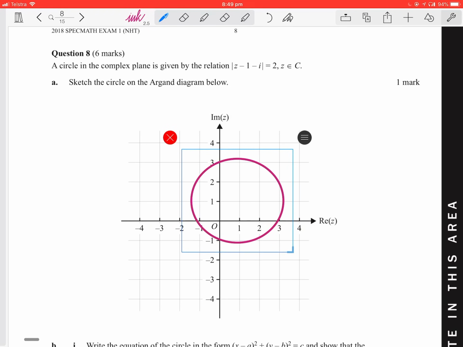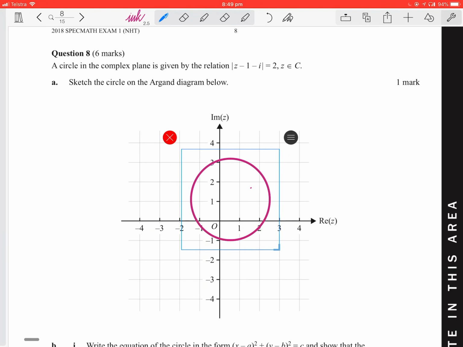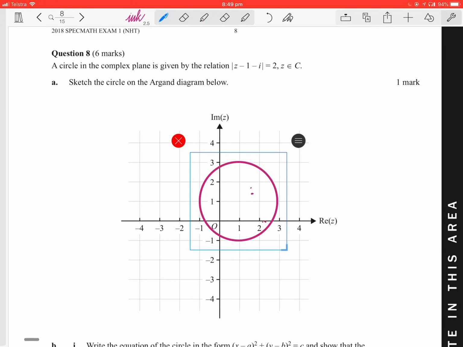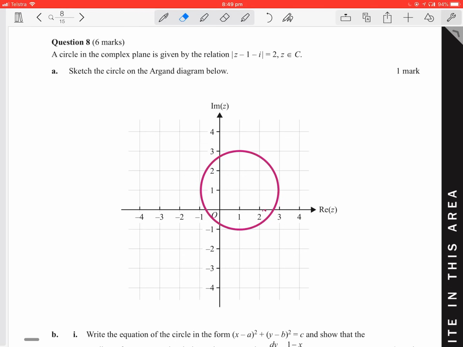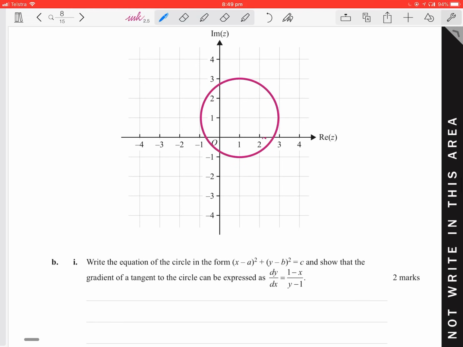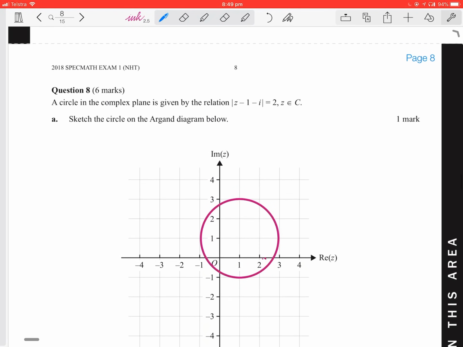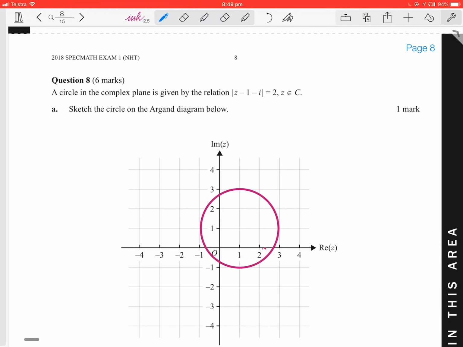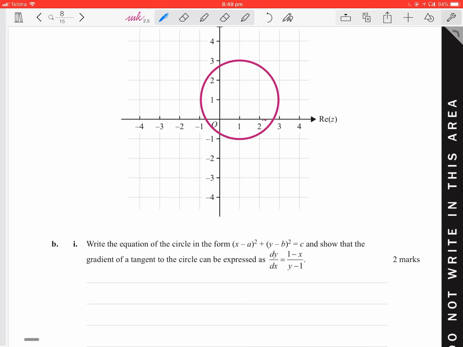Up there. How's that for a circle? Okay, looks pretty good to me. Hand drawn, of course. Okay, did it ask us to do anything else? Sketch the circle. Okay, so the center's there, it goes down to the, yeah, perfect.